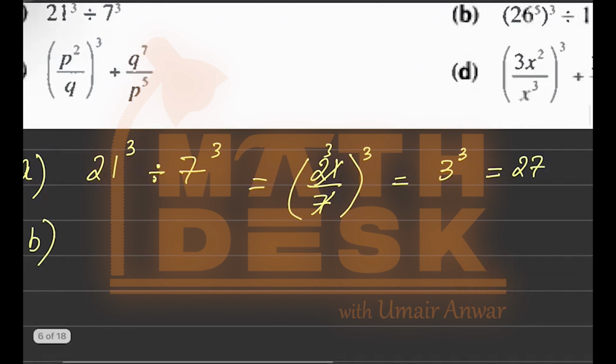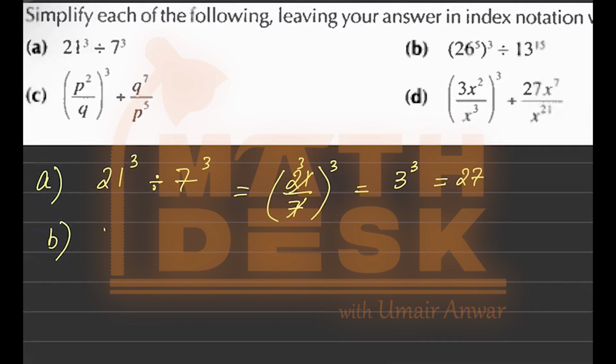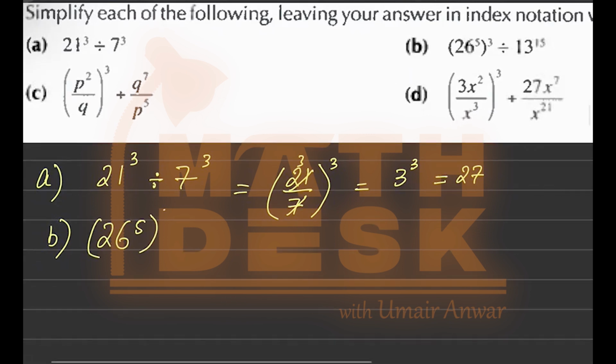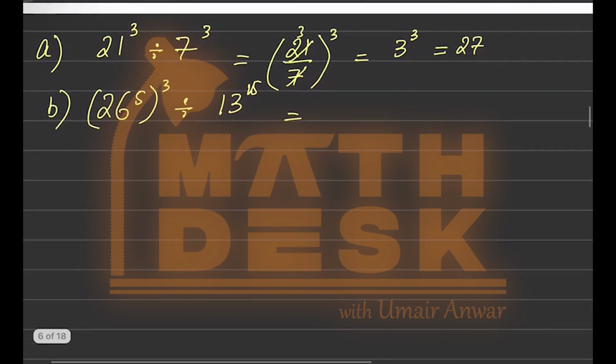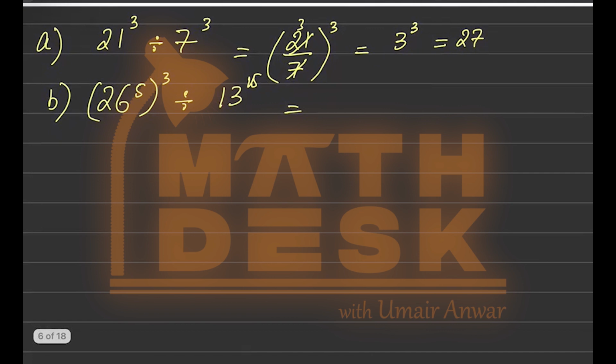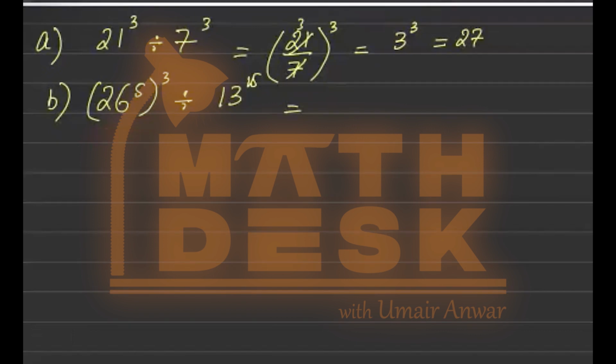In part B, it says 26 raised to 5, raised to 3, being divided by 13 raised to 15. Now, the third law of indices would be applied over here, and both the indices would get multiplied with each other.